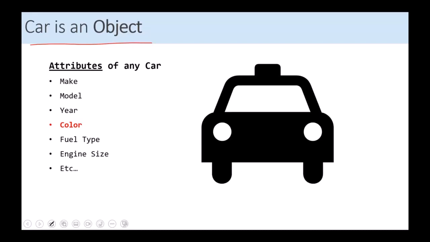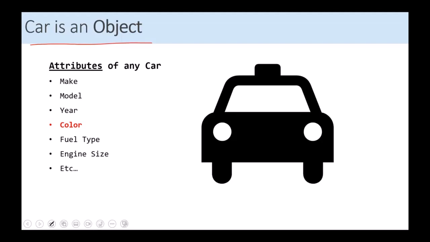Car means car has some wheels, colors, model, brand, year, motor, size, right? So tell me what the attributes of a car are. Make, what? Model, year, color, fuel type, engine size, seats, right?